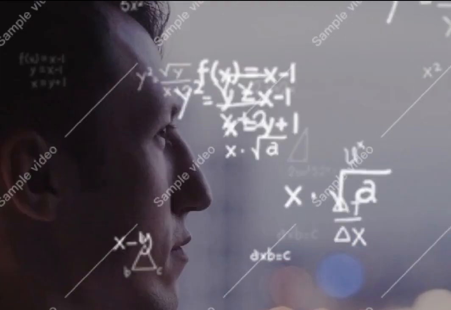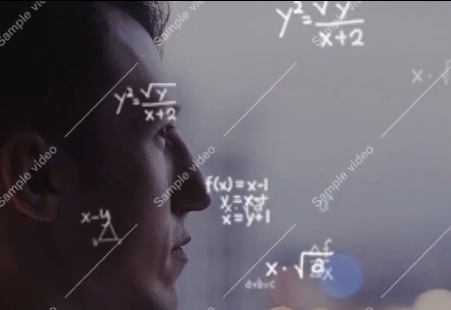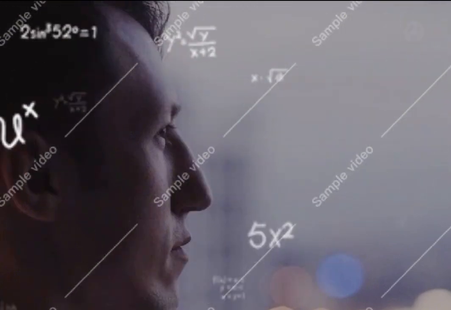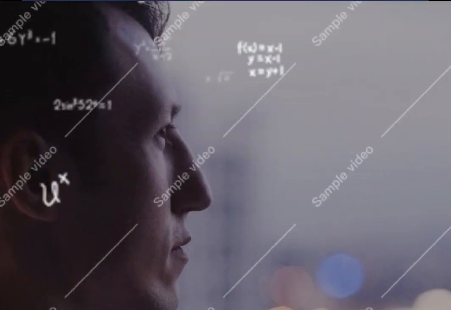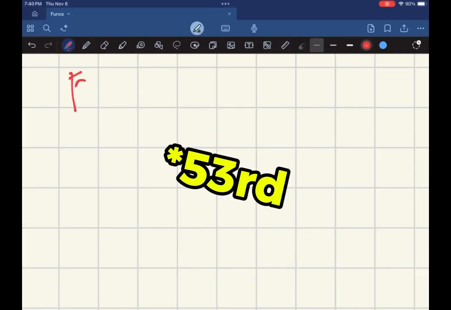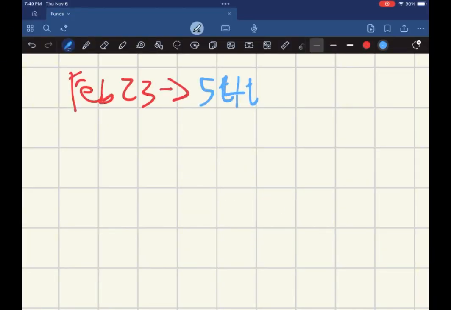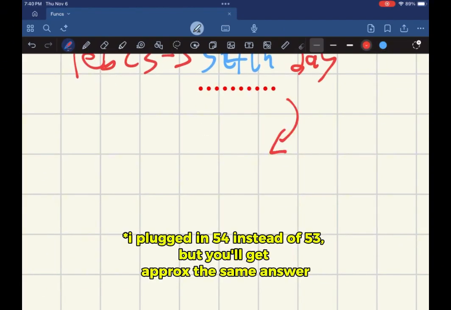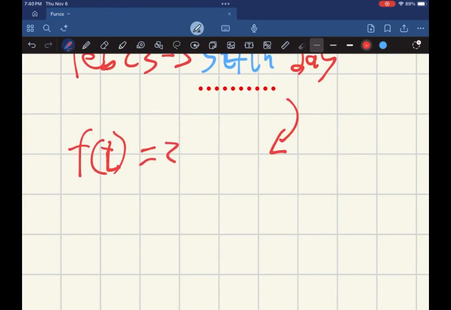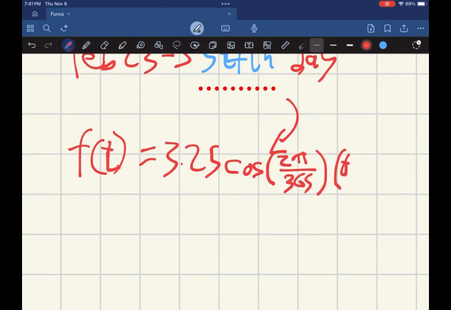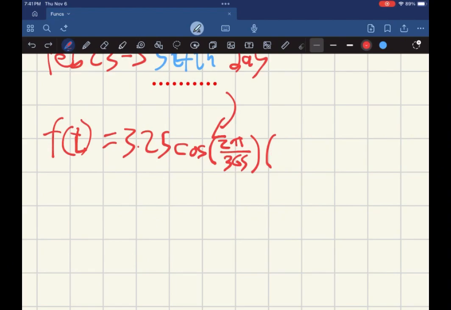And now our next step is to actually predict the daylight on February 23rd. Since February 23rd is the 54th day of the year, we plug in t = 54. So f(54) = 3.25 cos(2 pi / 365 (54 - 172)) + 12.15.